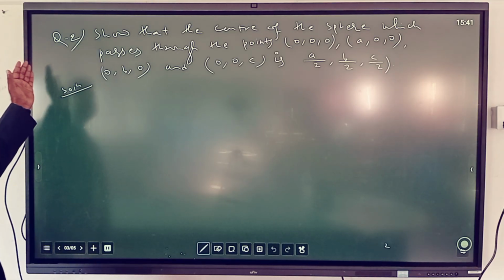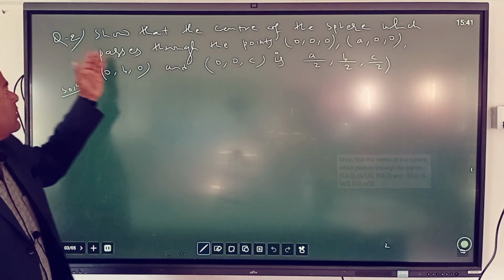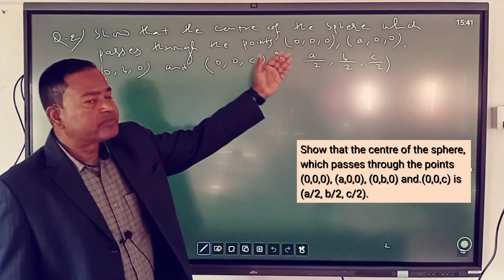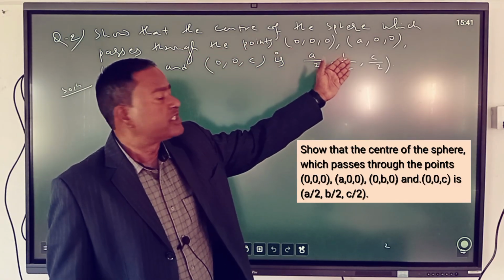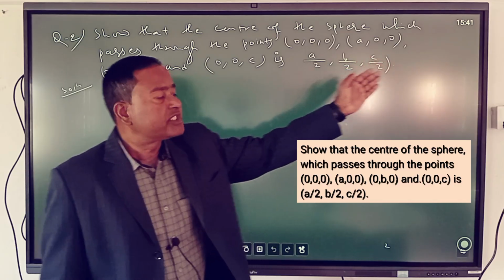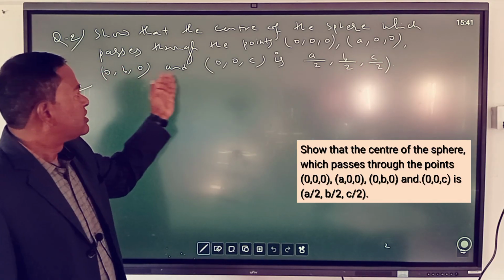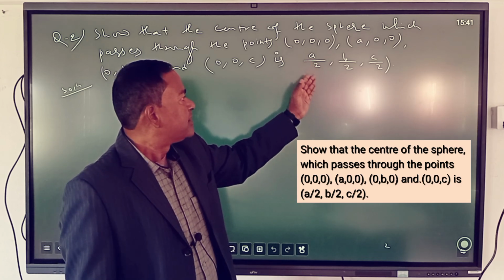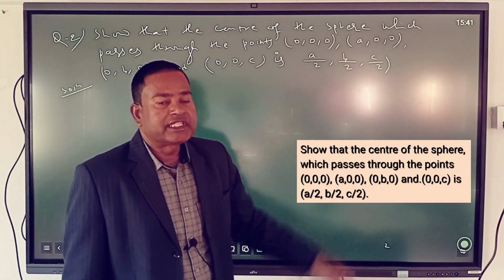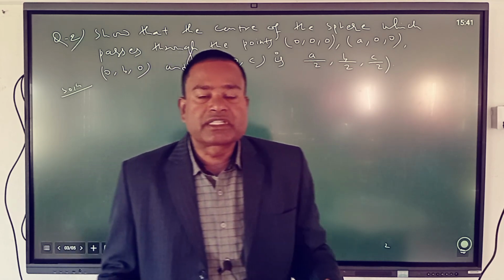Dear student, the next question is: show that the center of the sphere which passes through the points (0, 0, 0), (a, 0, 0), (0, b, 0), (0, 0, c) is (a/2, b/2, c/2).